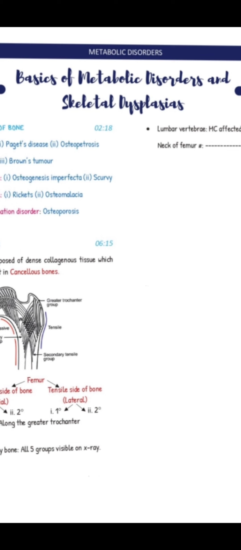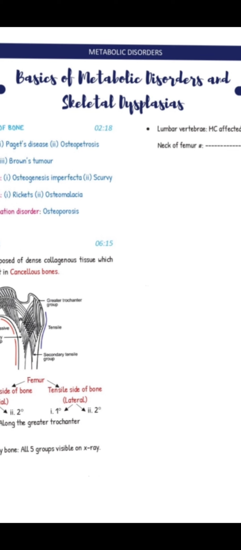In the cells deficient: Paget disease, osteopetrosis, and Brown's tumor. Protein gets deficient in osteogenesis imperfecta, scurvy, and mineral in rickets and osteomalacia. And combination disease is osteopetrosis.